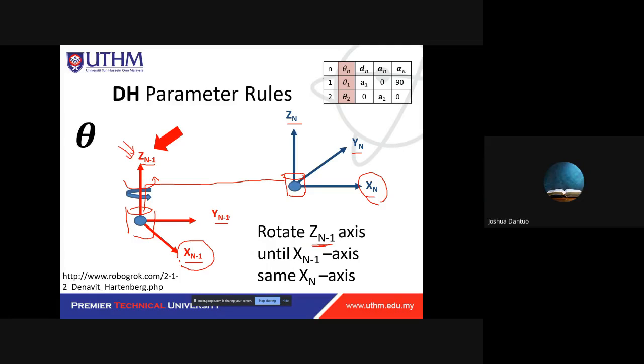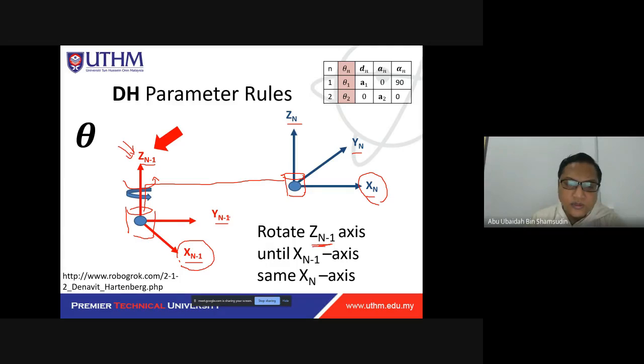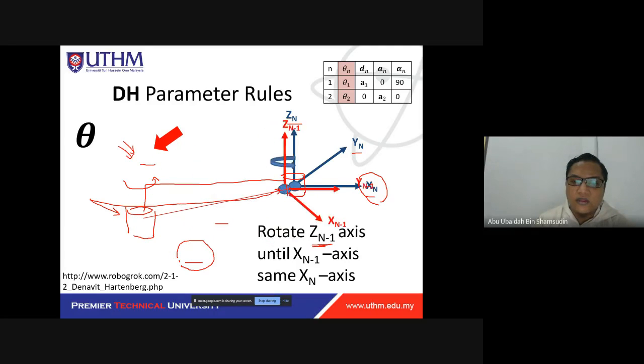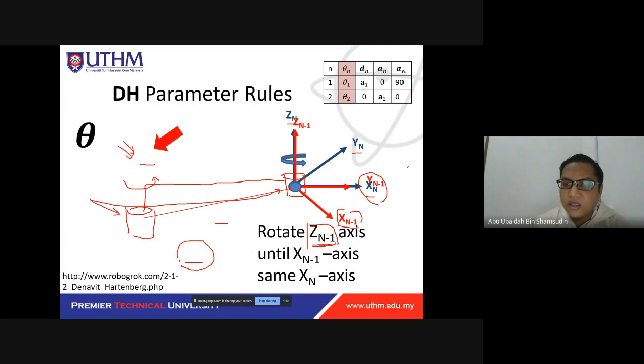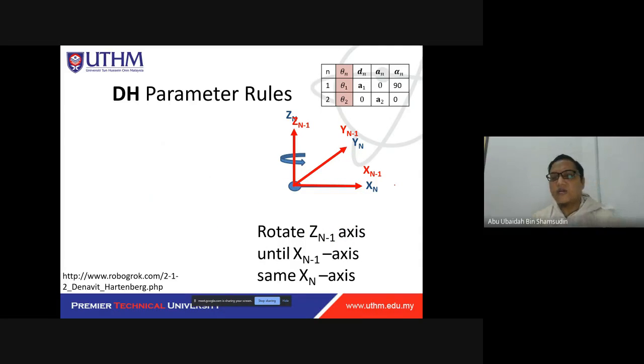Okay. So to do that, your first step is to move this joint here, to the joint of the Zn frame, like that. Next, you need to rotate using the Zn minus 1 so that the Xn minus 1 is the same as the Xn here. So basically, we rotate about 90 degrees.